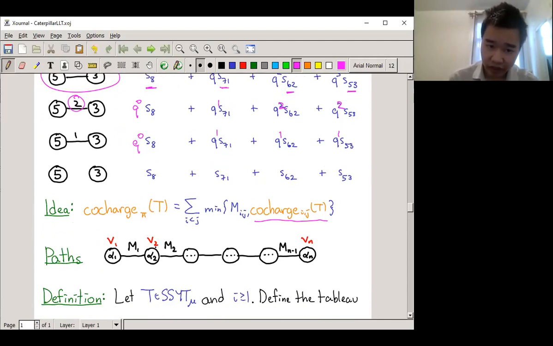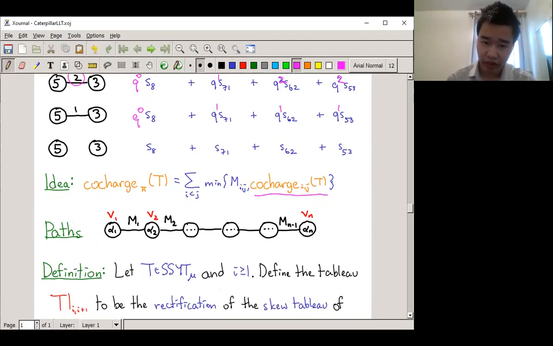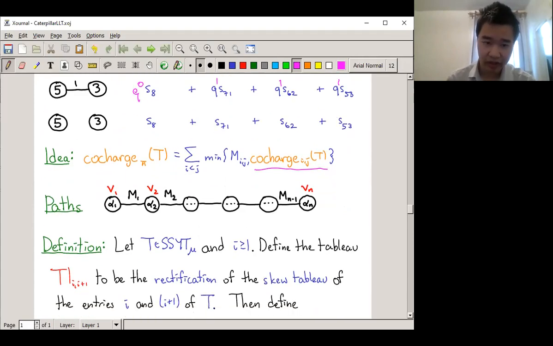So I wanted to describe some sort of thing that tells me the contribution to co-charge because of i plus 1s being above i's. And the way to do that was I define t restricted to i's and i plus 1s: I take my tableau, I only look at the i's and i plus 1s, so I get a skew tableau. And then there's this process called rectifying that will just give me a straight shape tableau.